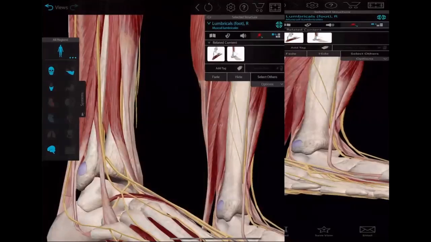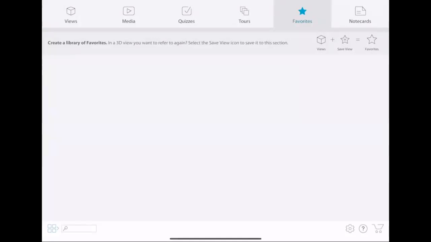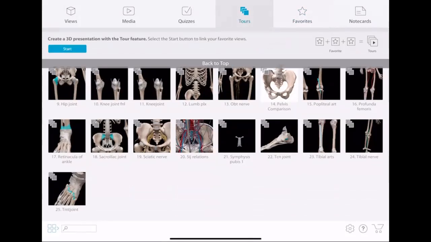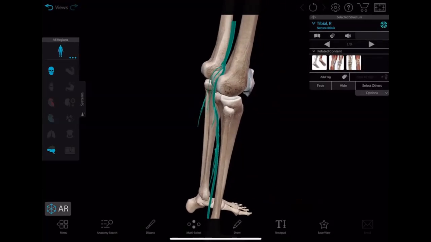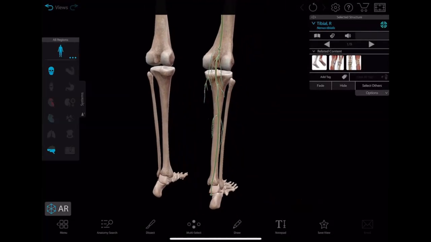So if we see, this is the tibial nerve, the selected structure, right?